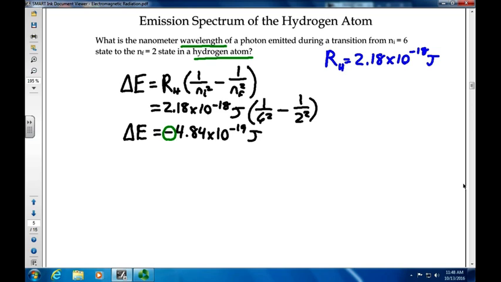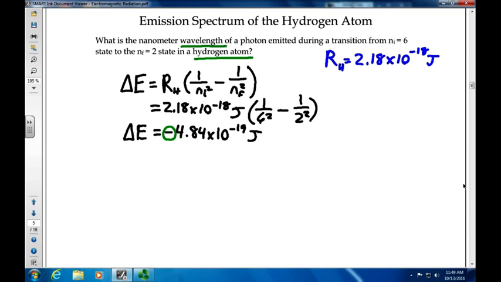So we have an equation for frequency. Frequency is simply equal to our speed of light constant divided by our wavelength. Conversely, we have an equation for wavelength that is the speed of light constant divided by frequency. But first we need to figure out what frequency is.